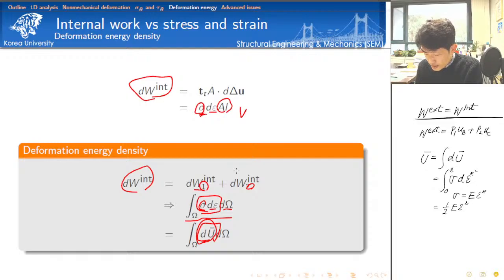The reason that I put an asterisk here is to emphasize this strain is different from this strain. This one is nothing but the integration operator. If you want, you can use any kind of variables. This is a real strain, but this is the integration operator. Any questions? No questions.